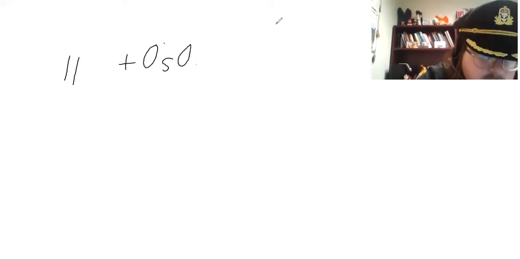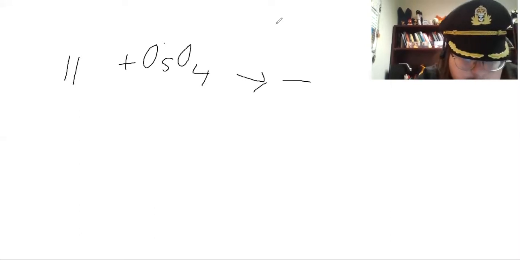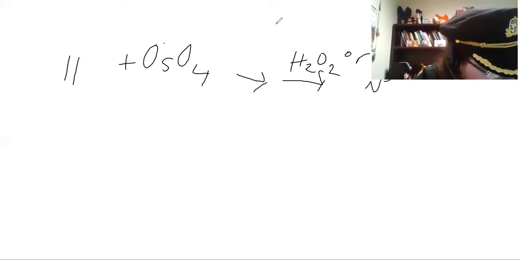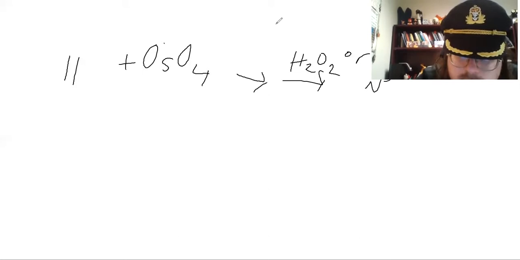So the basic thing is, go ahead and add osmium tetroxide, and then we add some sort of peroxide or nitroso compound. Peroxide or some sort of, sorry, screw that up.